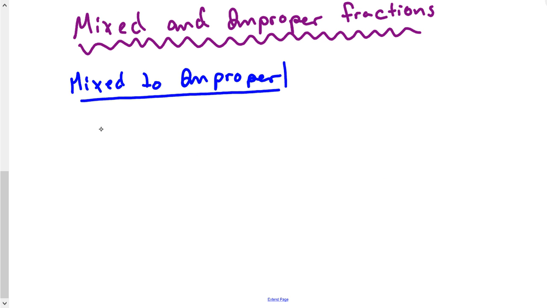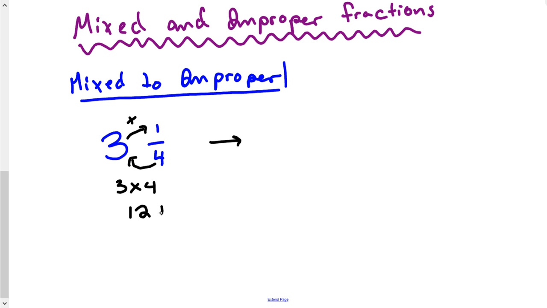So if I have 3 and 1/4, notice how I'm saying that, 3 and 1/4. So I have 3 wholes and a quarter of a new whole. So if I want to change this to an improper fraction, I need to take my denominator and multiply it by the whole value, so 3 times 4, which gives me 12. And then I need to add the 1 here.